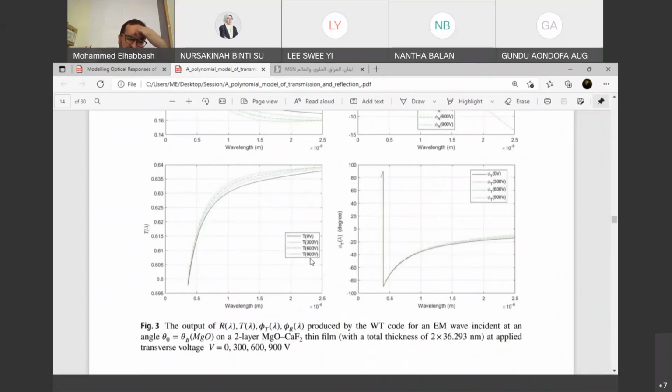And this is very easy to understand, because when we apply a voltage, we add energy to the material, so the transmission will be more. And also we have just a slight change in the transmission phase. This is for 2 layers.